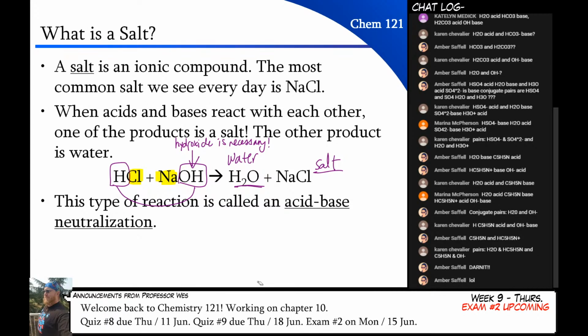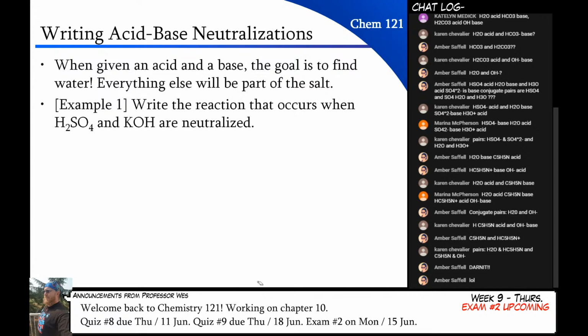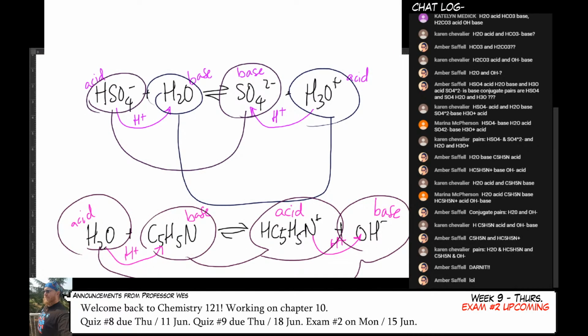So let's do a few more of these and try and predict the products. So the first thing that we're going to try and do is predict what the products are for sulfuric acid and potassium hydroxide when they are neutralized. So let's go over to this screen. That's not anything that I wanted there. There we go.